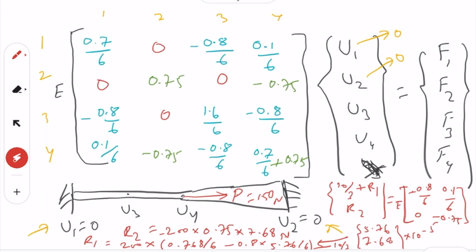So here R2 and all, we have to find out that R2 and R1 is basically wrong. So 7.68 times R2 is like this, similarly 7.68 R1 will be this value.